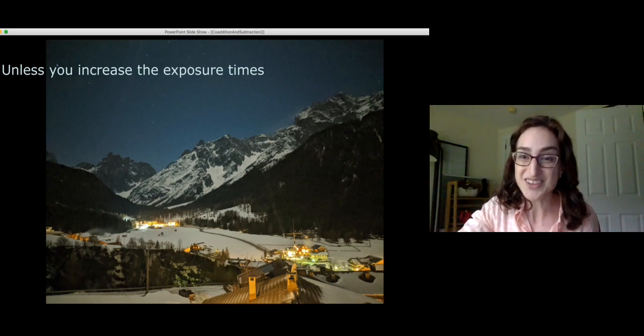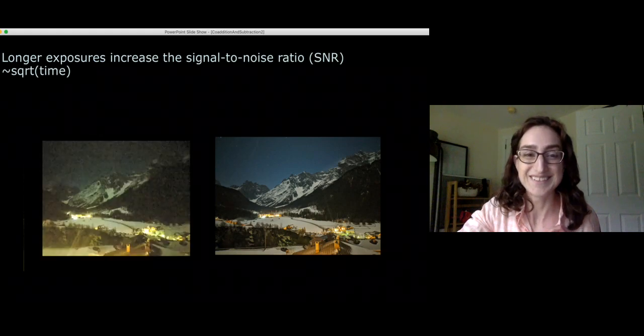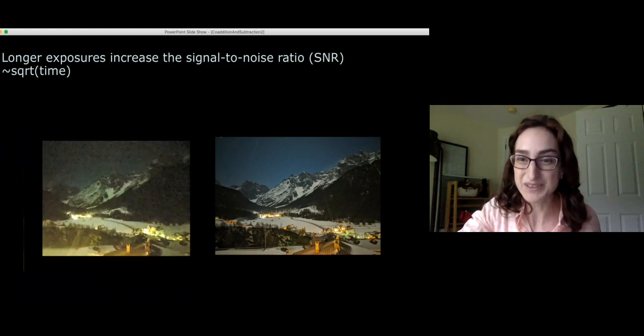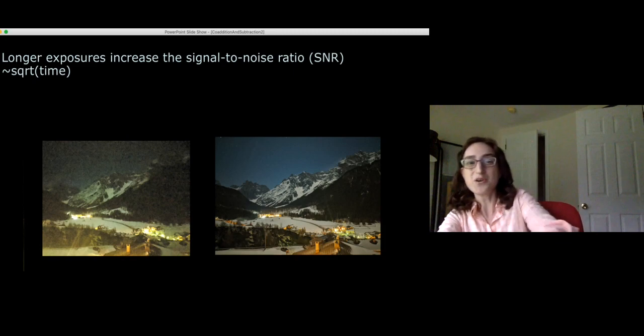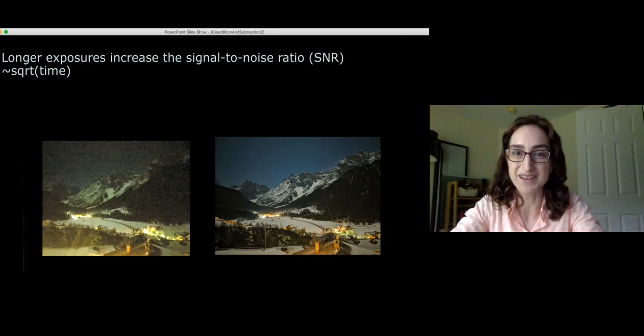I did not just change the stretch or the brightness of this photo. If I were to do that, it would simply look noisier. There is no amount of post-processing that I could do to this photo to make the stars appear in it, for example. There just simply is not enough signal to noise.